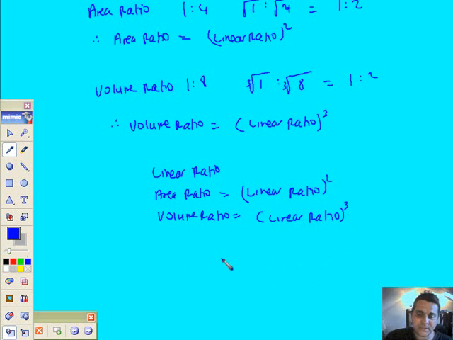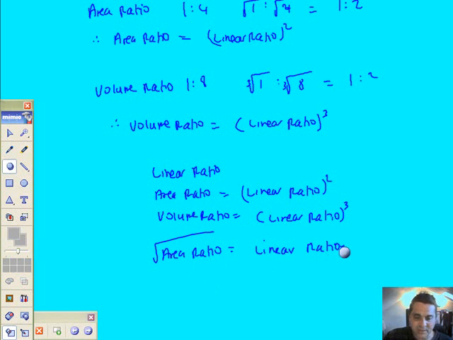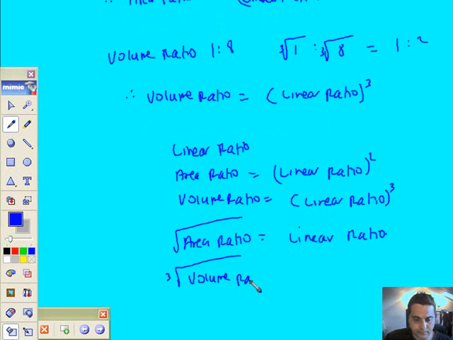And if you want to go backwards, then area ratio square rooted equals linear ratio. Obviously you need to square root both parts of the area ratio, both numbers, and if I cube root the volume ratio, I get back down to the linear ratio.